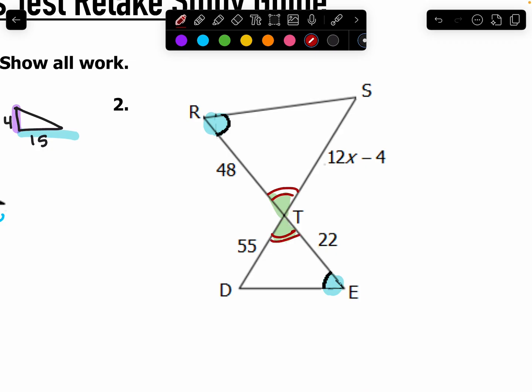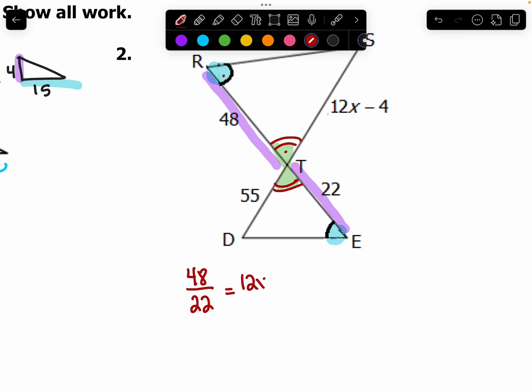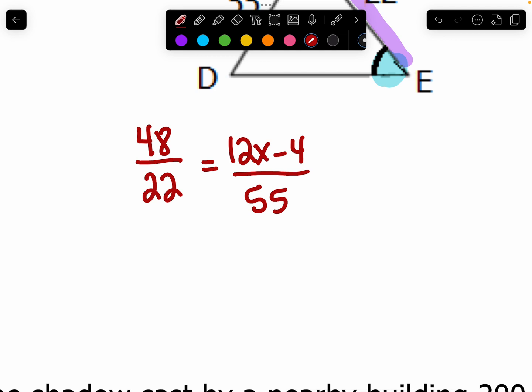If you notice, the 48 is between the blue and the green angle. So it's going to match up or correspond with the 22 for the same reason. So 48 over 22 will be 12x minus 4 over 55. And then we're just going to cross multiply and solve for x.